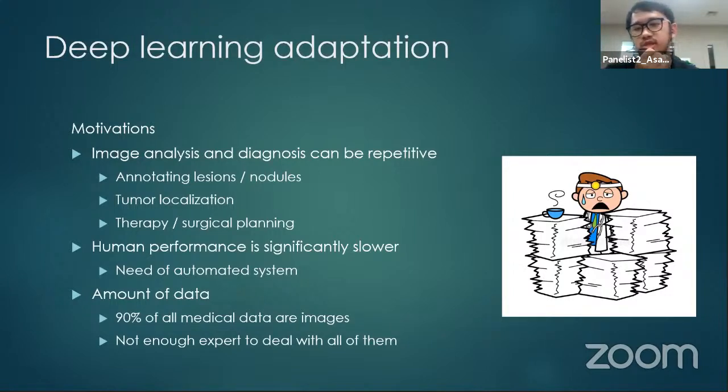So the automated system would perform much faster and without any exhaustion. Lastly, the amount of data available as images in the medical industry is abundant. About 90% of all medical data are images, and there are simply not enough experts to deal with all of them up until now.